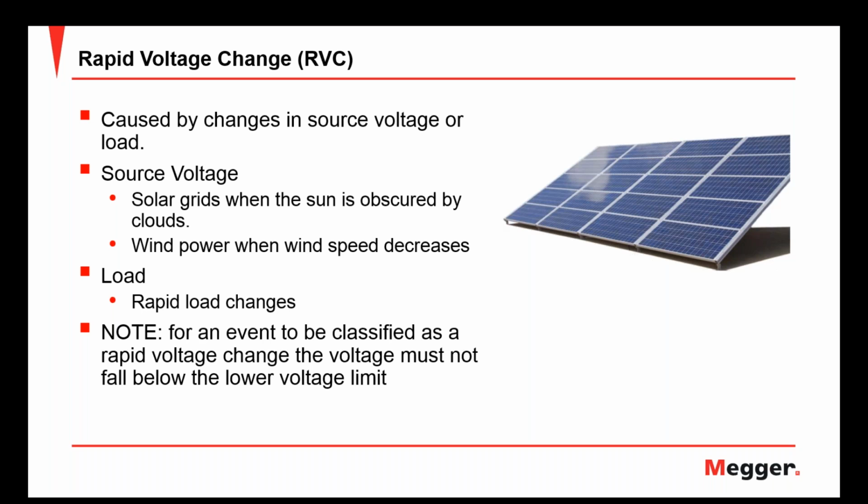As the solar radiation changes, the output changes. Wind, as the wind speed decreases, that can change. If you do not have proper voltage regulation, then you can see RVC due to this. Other causes of RVC can be load side, such as very rapid load changes. If you have rapid load changing, high switching, again, this can cause RVC.